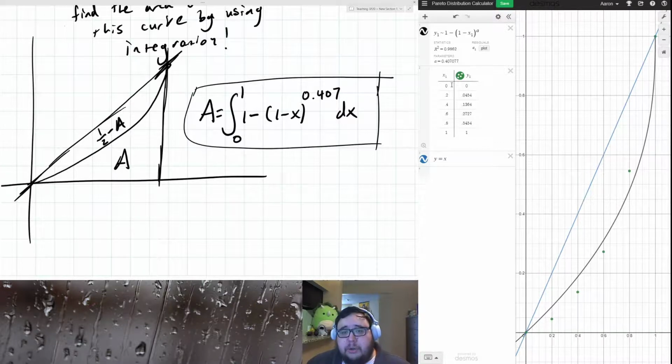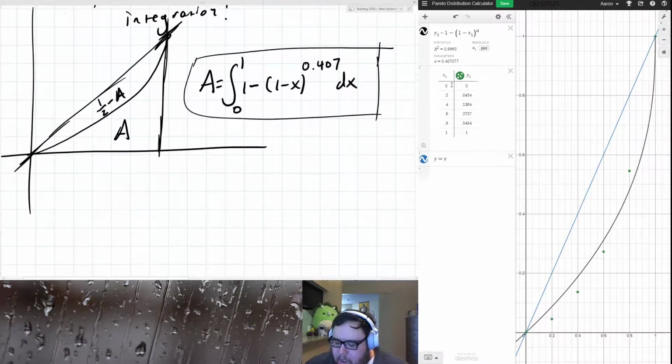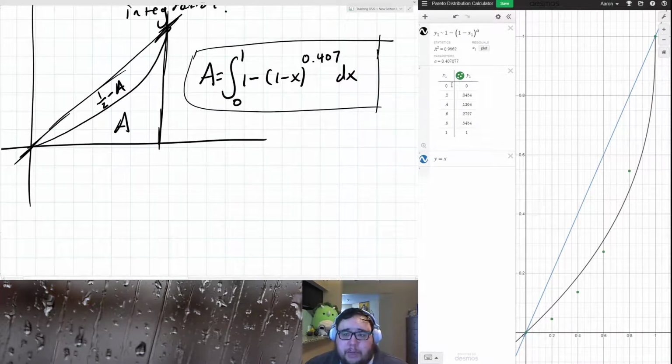Now, to actually compute this integral, that's a little bit tricky. We are going to talk about substitution in the coming weeks, which is the technique you need to use to do this.